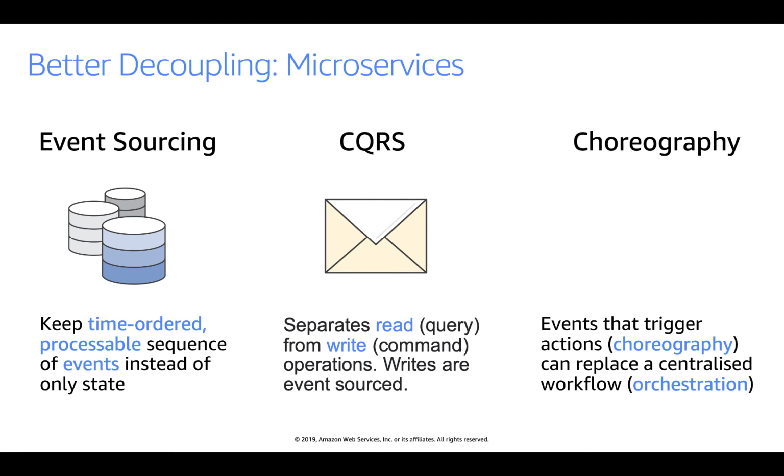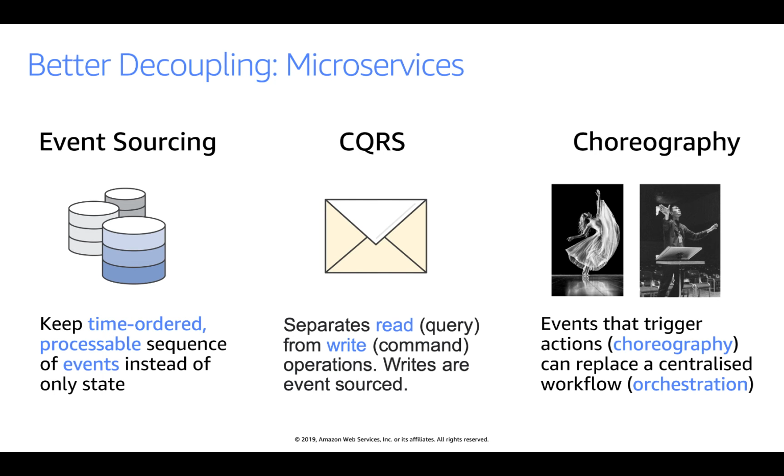The third thing I want to talk about is choreography. It's actually choreography versus orchestration. Now, choreography is what you get if you have an event that triggers an action. And orchestration is what we get if we have a centralized workflow. Just imagine you go to Symphony Hall where there's a conductor in the front.